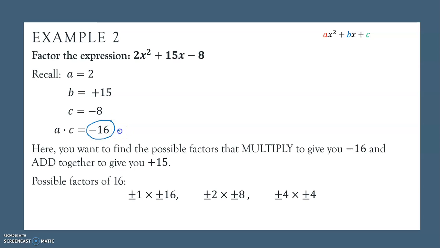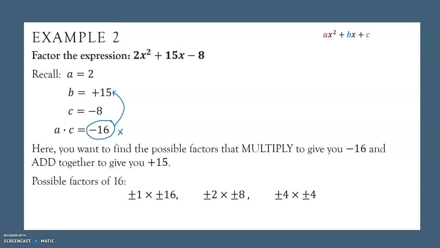Here I want to find two factors that will multiply to give me negative 16 and add to positive 15. So what I'm going to do is list out the possible factors: 1 and 16, 2 and 8, 4 and 4. The fewer factors you have, the fewer options you have to look through, and the easier it is to finish the problem.